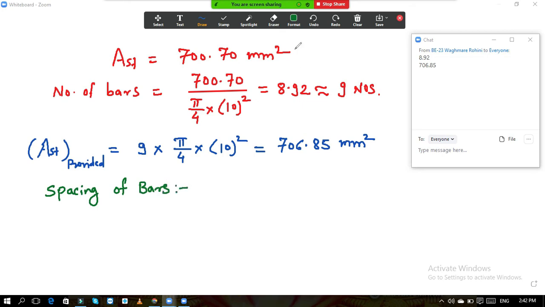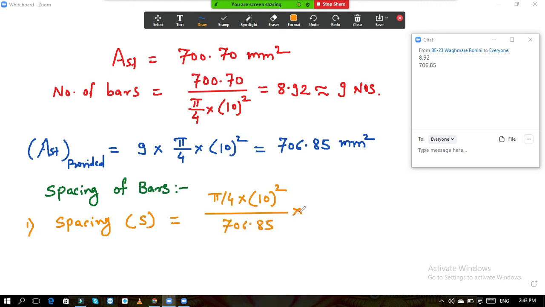In the first case, it can be calculated as area of single bar divided by AST provided, that is 706.85, multiplied by width, that is 1000, which gives 111.11 mm. So we will round this down to 110 mm center to center.